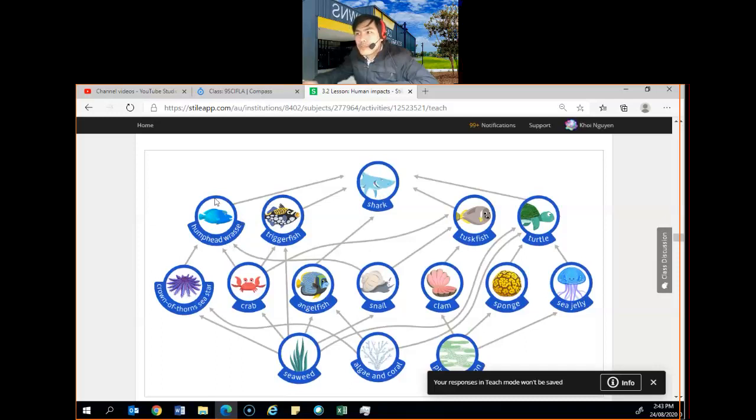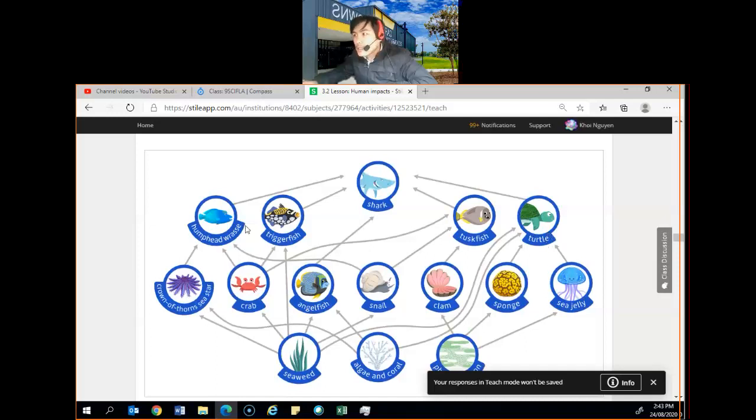Because the population of this fish has gone down, the shark has lost one of their food sources, so their population would decrease. Because there are fewer sharks to hunt the turtle, the population of turtle would increase.